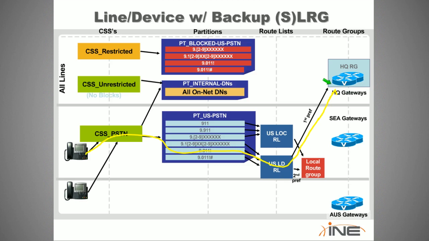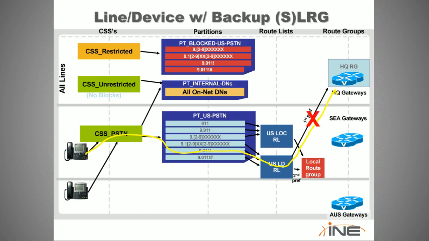But if that set of gateways is available, long distance and international calls are always going to route to those headquarter gateways first. Maybe our headquarter is Seattle, who knows? But our headquarter has 12 PRIs and some great rates negotiated with the carrier. So we want all calls to route across the WAN out here first.